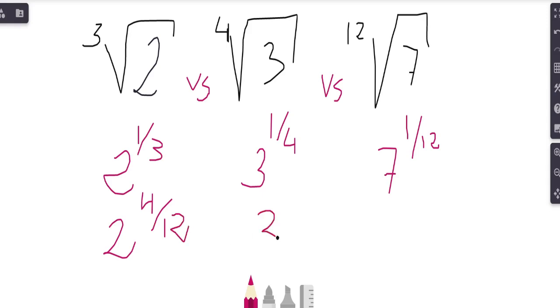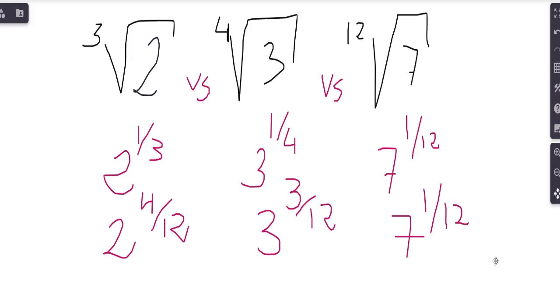This one is 3 to the 3 divided by 12. And then we have 7, and we can leave it that way, to the 1 divided by 12.